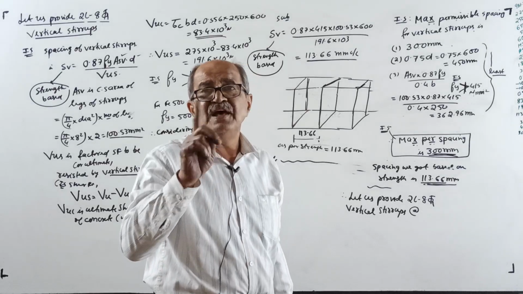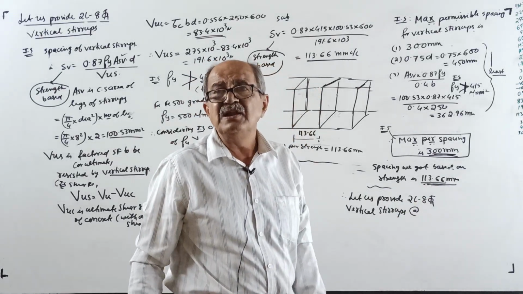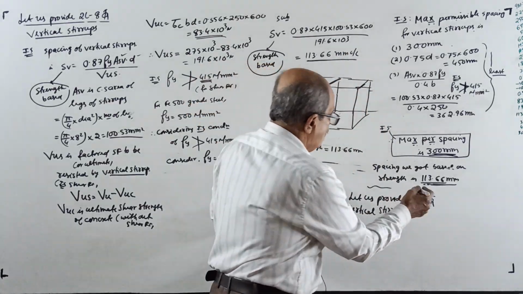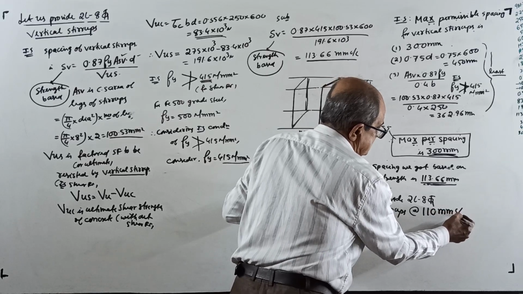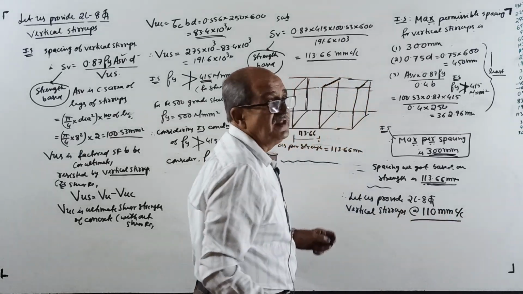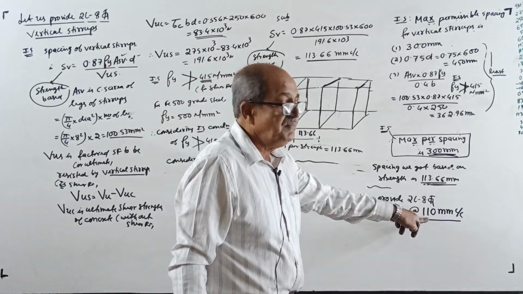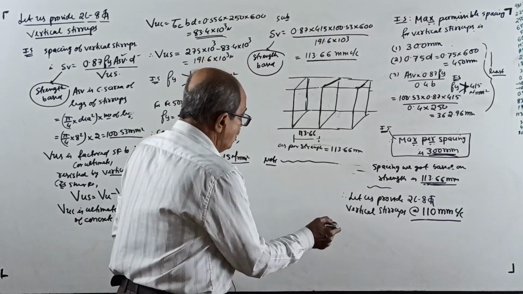Rounding off is not to the higher side. Suppose you got 114.98, also not 115. Round off to the lesser side: 110 millimeter centers. Suppose in the design office there is a senior person, he will tell you to change the 110 to 100. Okay, save.